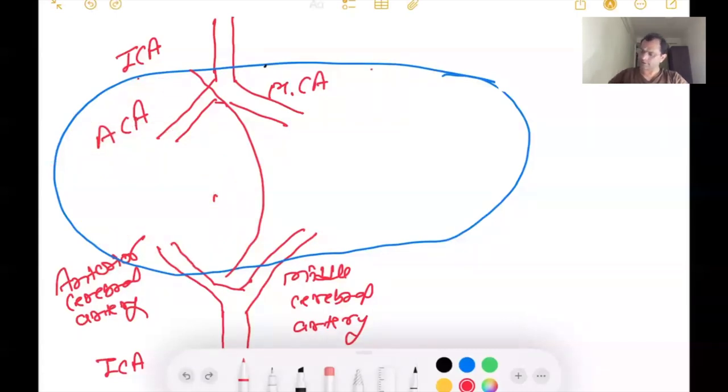The middle cerebral artery supplies the middle part of the brain. So this is the middle part. Now, I told you the two vertebral arteries are coming and supplying the back part of the brain.